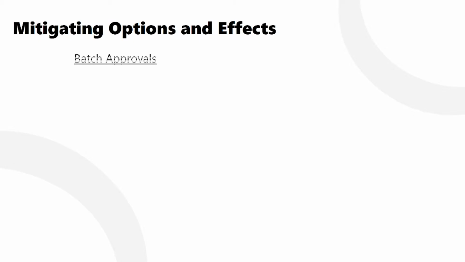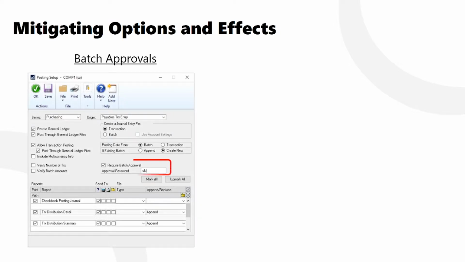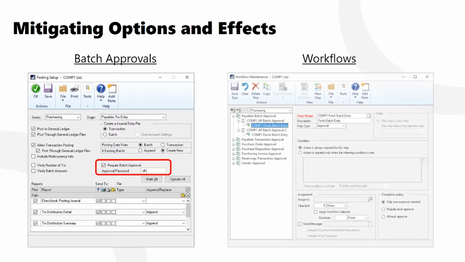The most basic option in GP would be the batch level posting approvals option, which requires the insertion of a password prior to the batch being able to post. The more modern, elegant, and auditable approach would be the utilization of a workflow feature to apply appropriate controls or toll gates to the creation of records or posting of transactions.